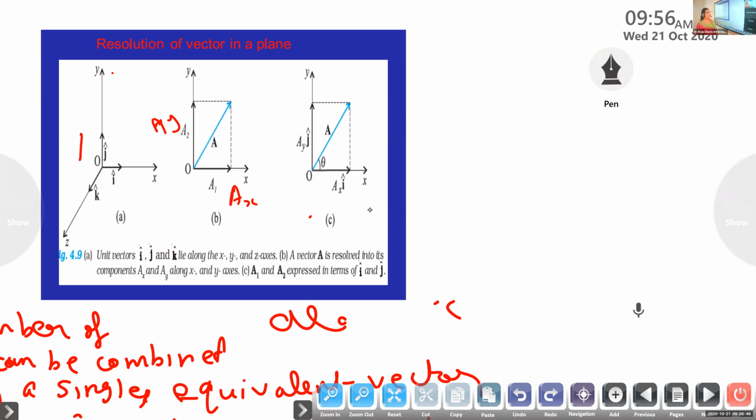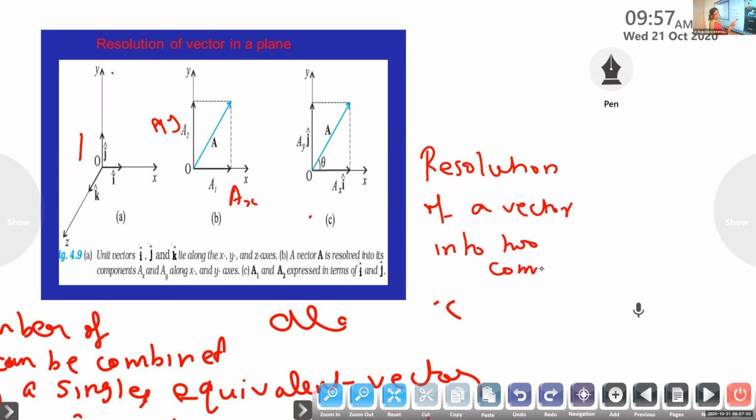And you write the heading: Resolution of a vector into two components. Then below that you draw. Because first we learn how to resolve the vector into two components and get the magnitude in terms of angle theta.